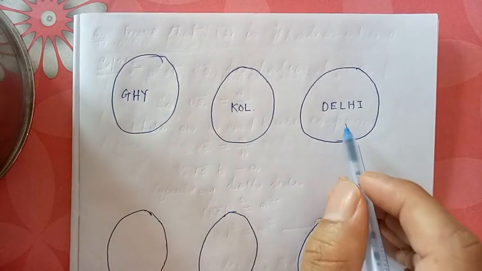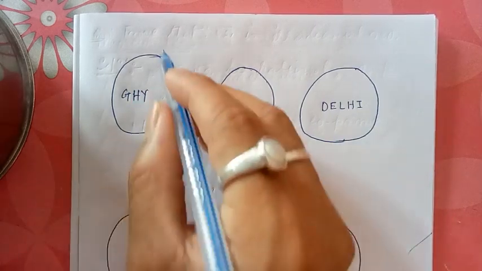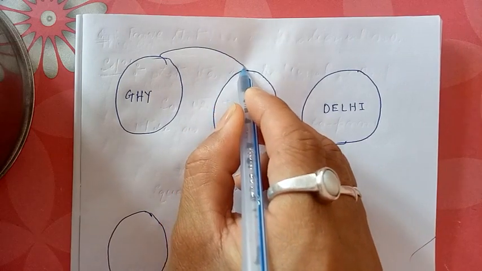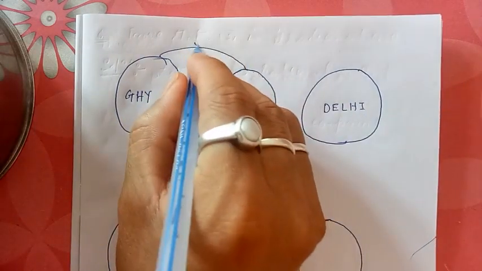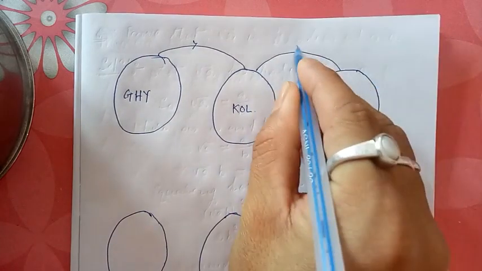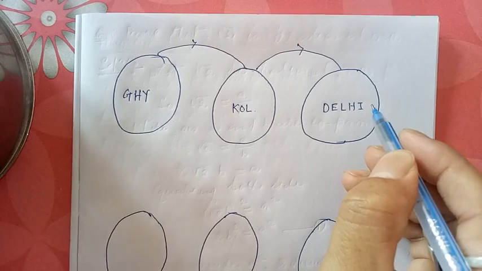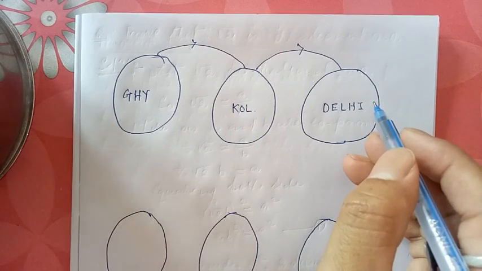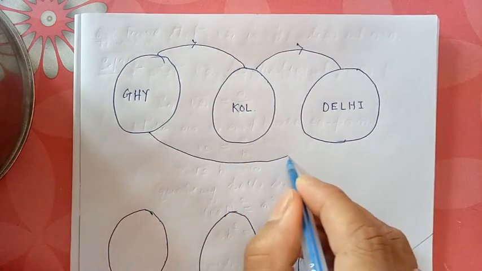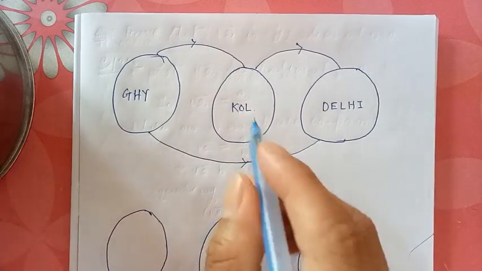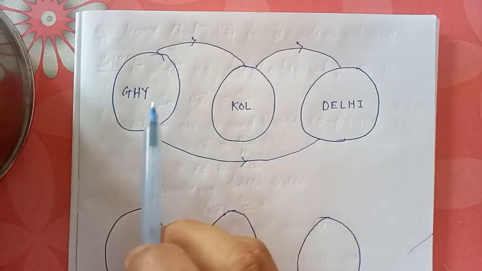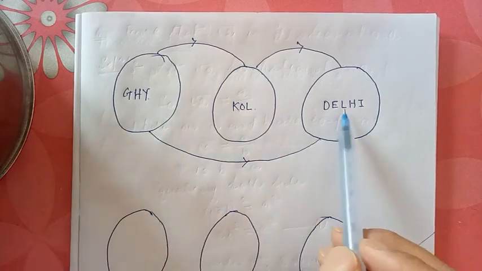So I will set up the relations. The flight takes off from Guwahati and lands in Kolkata. After that, from Kolkata to Delhi. But the person is interested in going to Delhi. So there is a process between first and last.